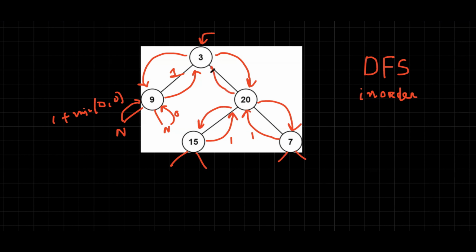And 20 will return 1 plus the minimum of the left child value and the right child value, which is the minimum of 1 and 1. So it will be 1 plus 1, which will be 2.